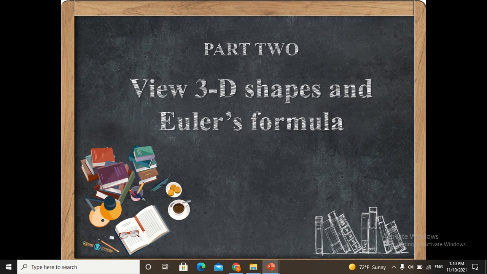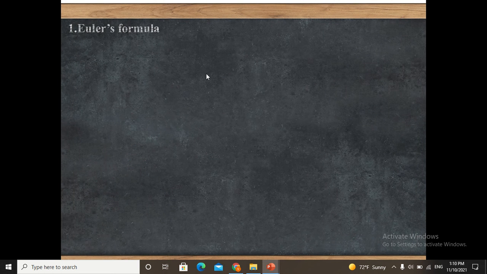Part 2. View 3D shapes and Euler's formula. 1.